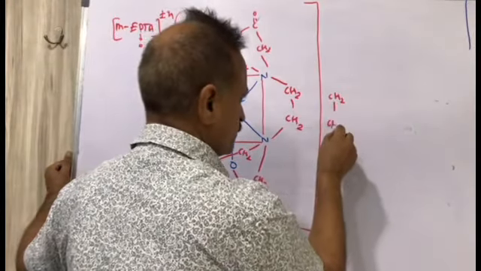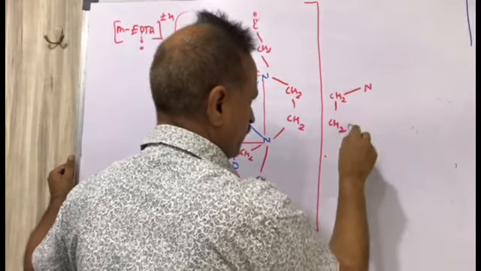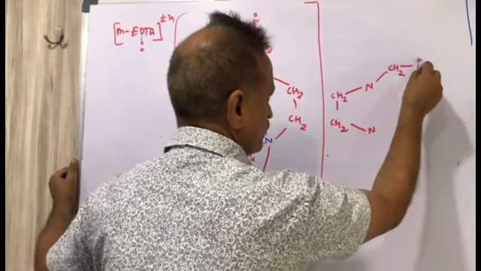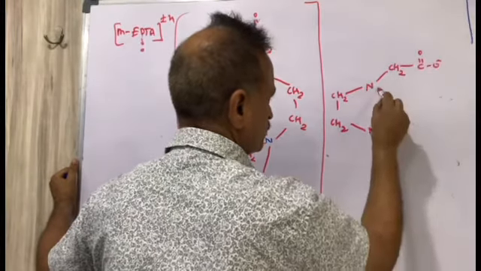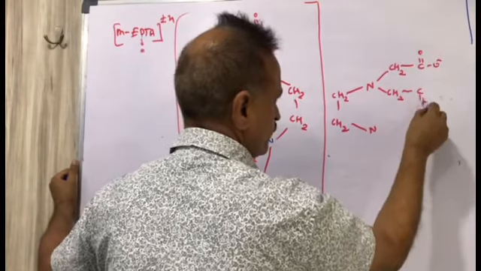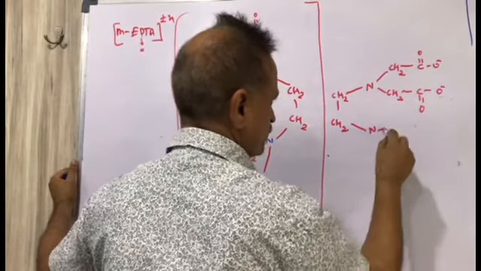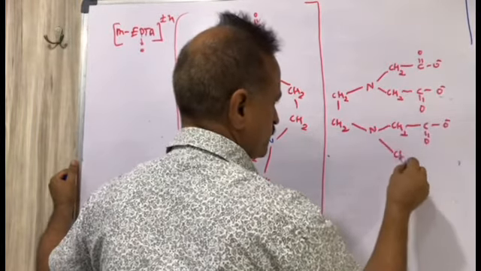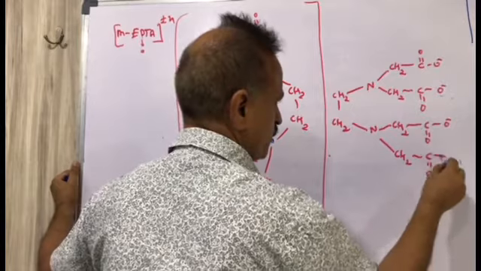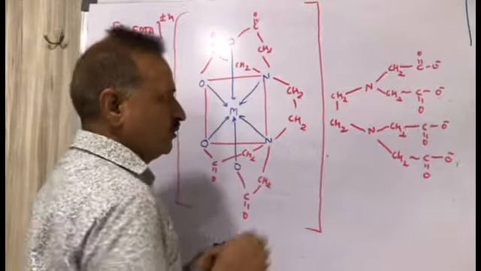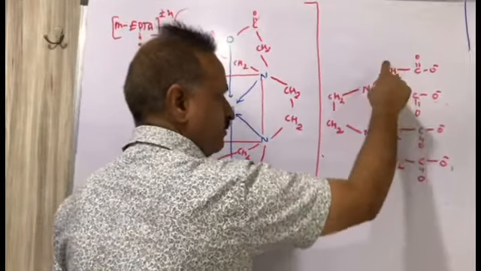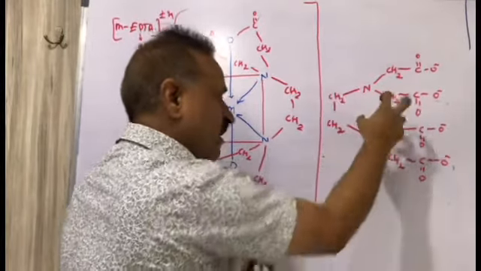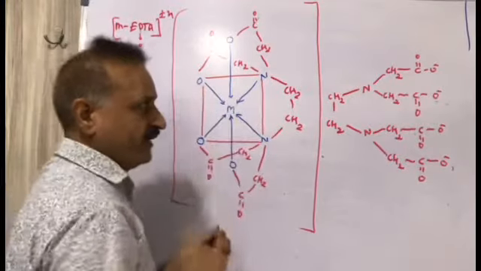CH2, CH2, N, CH2, C double bond O and O minus, and the same way for the other three acetate groups. So ethylene diamine 1, 2, 3, 4 tetraacetate. This structure is now attached with the metal ion.